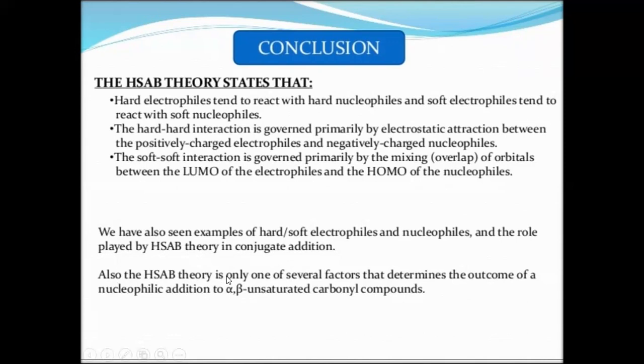Also, the HSAB theory is only one of the several factors which determines the outcome of nucleophilic addition to the alpha beta unsaturated carbonyl compounds. So, the nucleophilic addition in alpha beta unsaturated carbonyl compounds can be explained based on this theory.